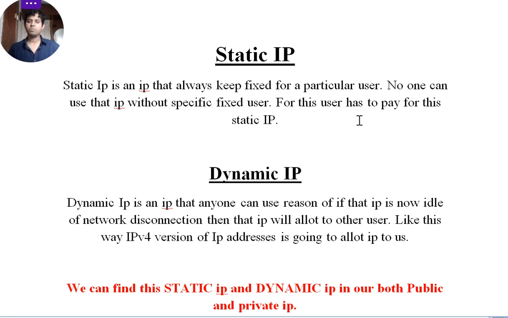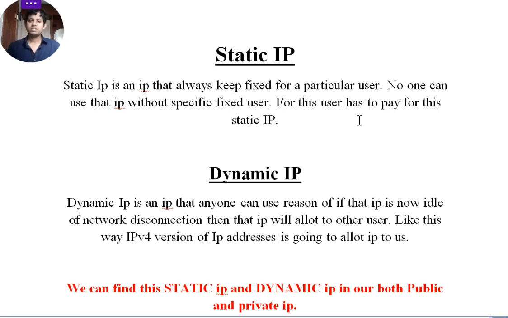But when my mobile phone is switched off or I'm not using the internet, that same IP address will go to another person. When he is off, that IP address will go somewhere else. In this way, these 4.7 billion addresses are going to be allotted to 5.3 or 5.4 billion internet users.